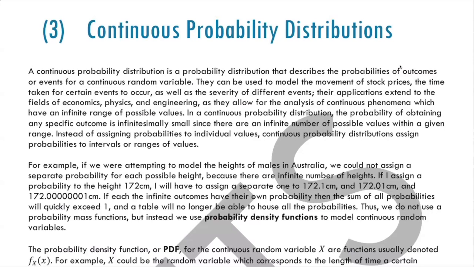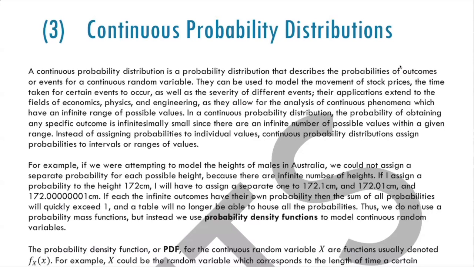So how am I going to create a table with all of the infinite number of options and with all of their own probabilities? There's an infinite number of outcomes with an infinite number of probabilities. Does that make sense? So I can't go around saying, here's the probability of being 172 centimeters, because for me to be exactly that is very, very unlikely. Like my height is 172, okay?